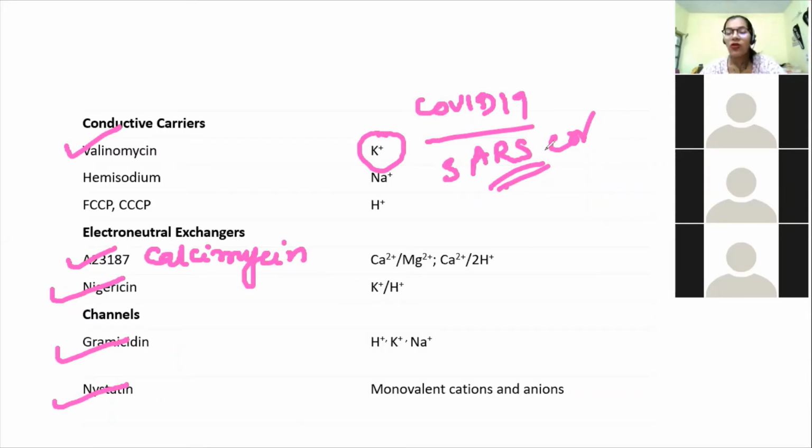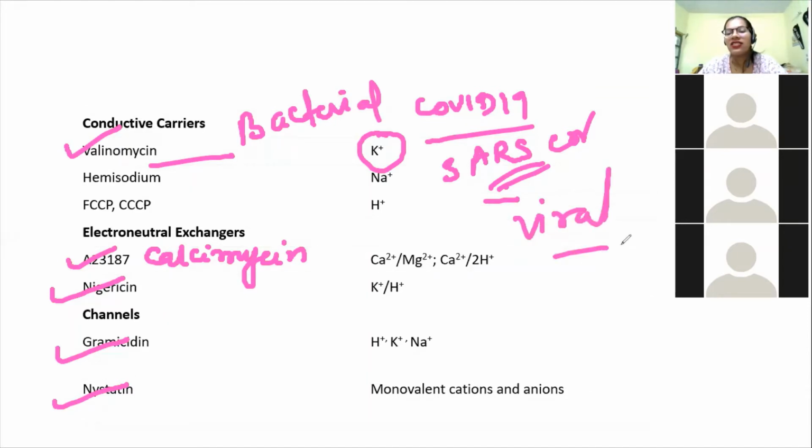I don't know how, because these are bacterial origin and COVID-19 is viral, correct? I'm not sure how both are connected, and how they claim to have this activity. Anyways, just remember valinomycin is for K+.